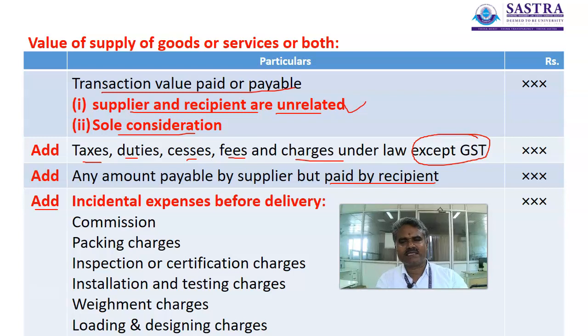Add incidental expenses before delivery. Suppose you pay commission, packing charges, inspection and certification charges, installation and testing charges, weighment charges, loading and unloading charges. These are all possible for supply of goods.